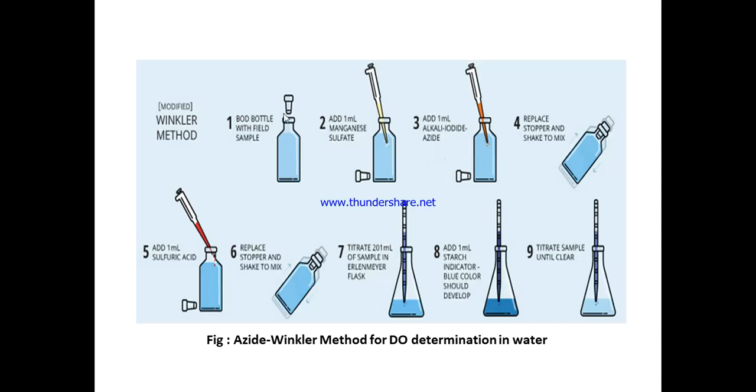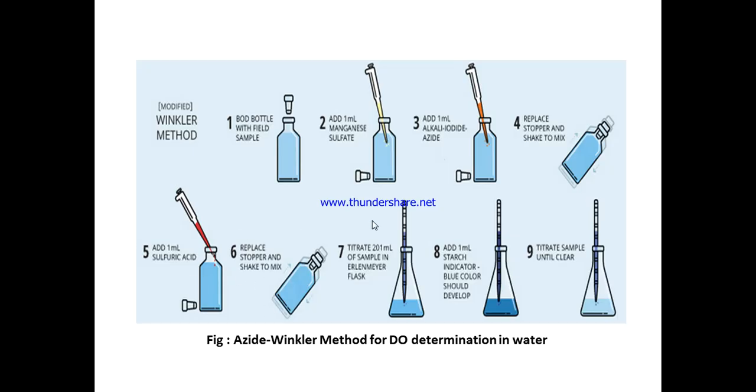Okay, we have taken BOD bottle. We have added 1 milliliter of manganese sulfate, 1 milliliter of alkali iodide azide. Then we have given a little bit of shaking. Okay, then brownish precipitate forms at the bottom and a clear liquid layer at the top of the bottle. Then we add 1 milliliter of concentrated H2SO4, and we shake it a little bit so that the entire precipitate gets dissolved.